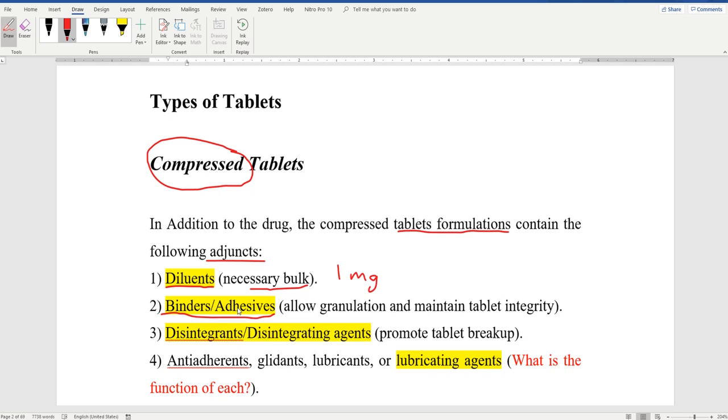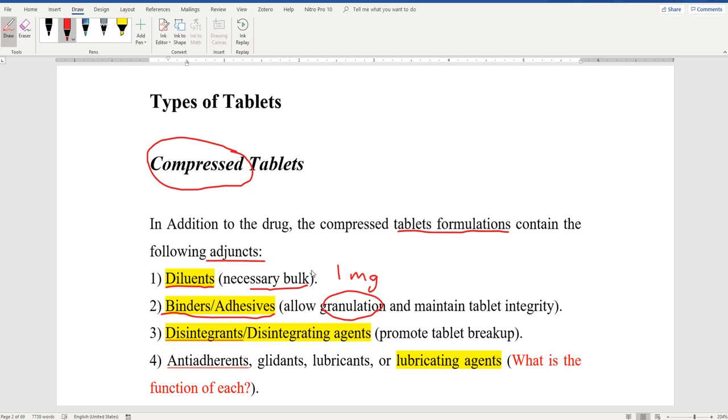We add this vehicle containing the binder to the powder mixture in order to wet the mixture and bind the particles together to allow us to form granules. Isn't it allowing granulation to happen by sticking the particles together? Isn't the binder helping in gluing or sticking the particles together, allowing granulation?